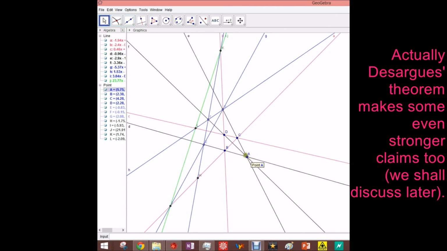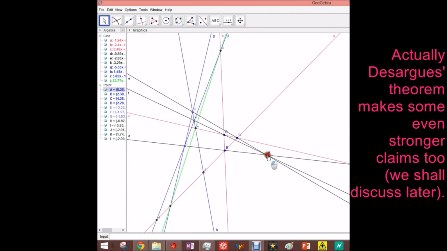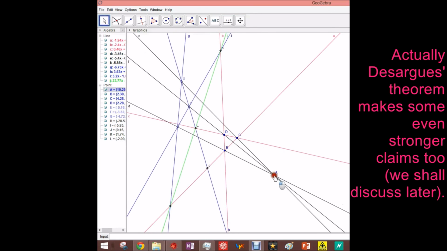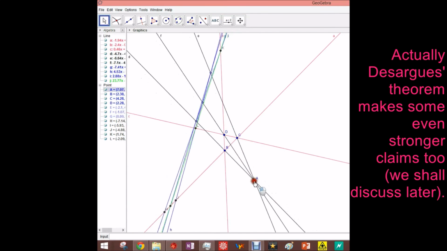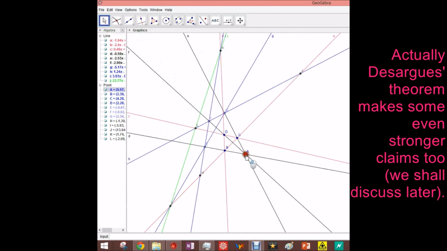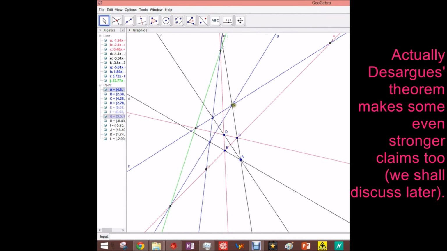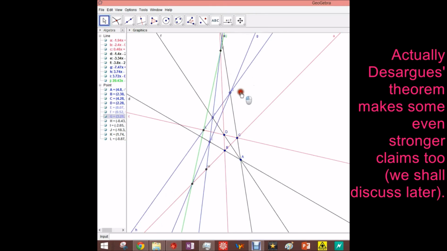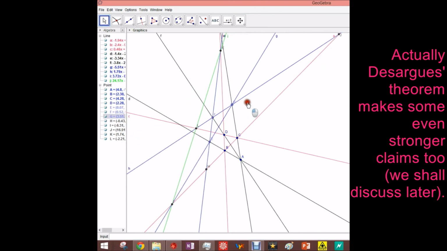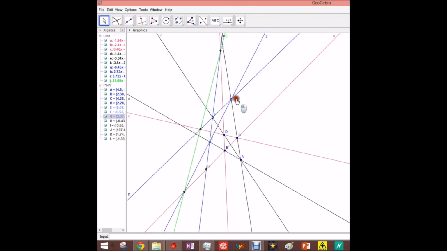There are more complicated ways to say this result, but just watch. As we shift things around, it always remains the same. It doesn't matter if the triangle is inside or outside, or whatever. We can even shift around the parts of the triangle, but the result always holds. Very interesting.